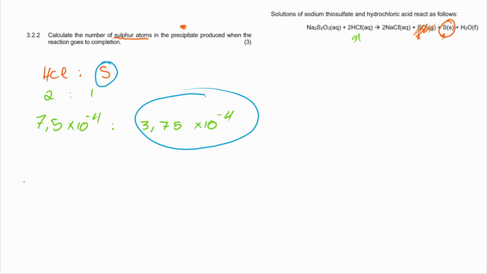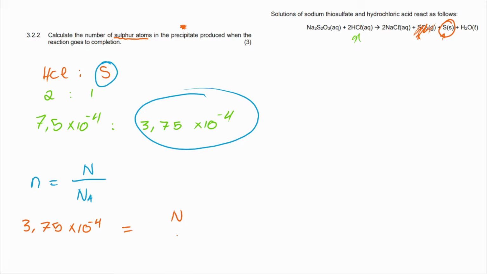Okay. So I have the moles of sulfur, but I need to find the number of atoms. So what I'm going to be using is I'm going to say, whoops, N is capital N over Na, where Na is Avogadro's number. Okay. So I know my number of moles of my sulfur atoms in the precipitate is this.